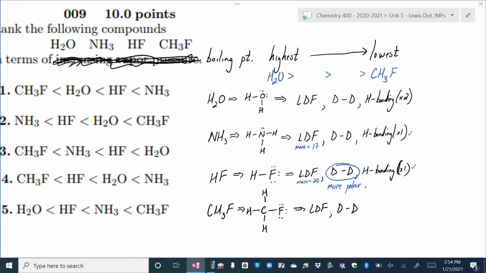So that guy's going to be more polar, so it will have a stronger dipole-dipole attraction than NH3. So HF will be the next highest boiling point, and NH3 will be the next lowest. All right. So there we go.